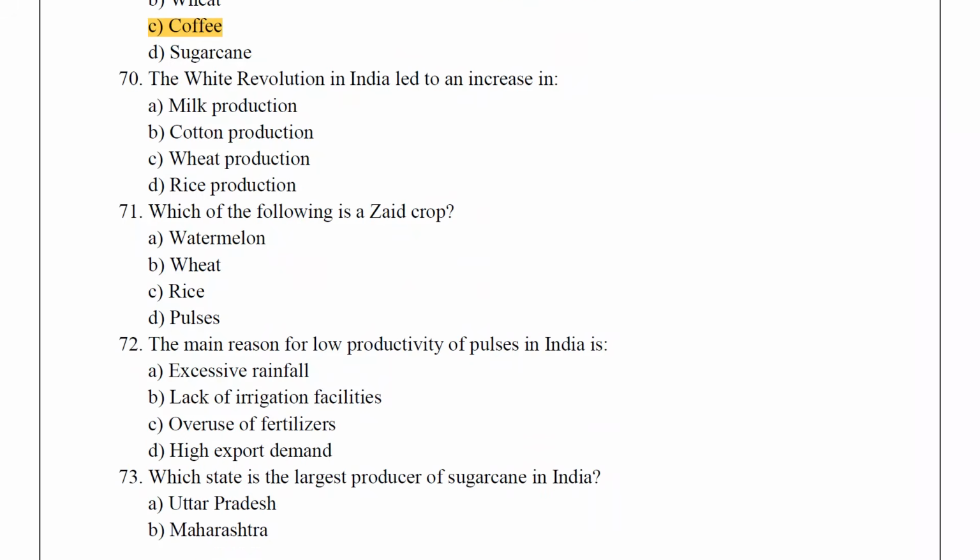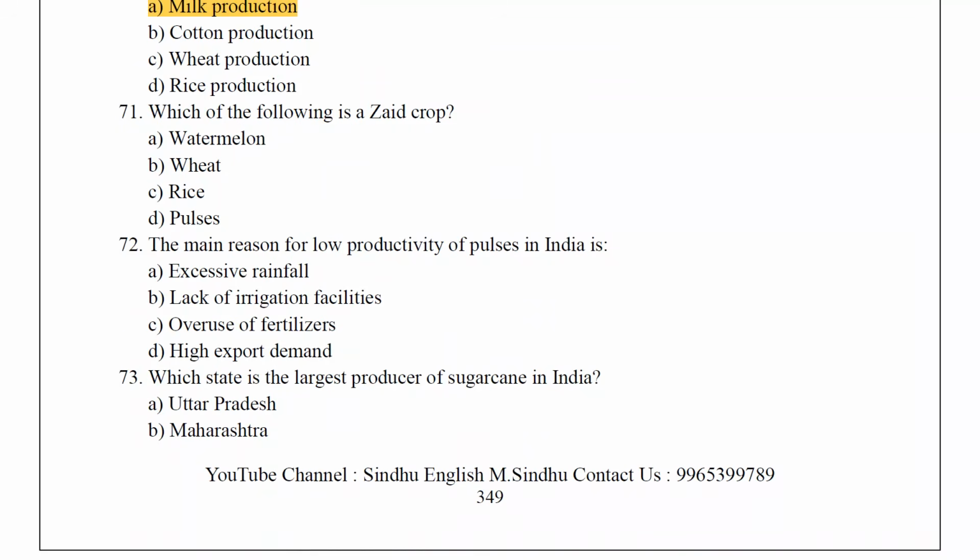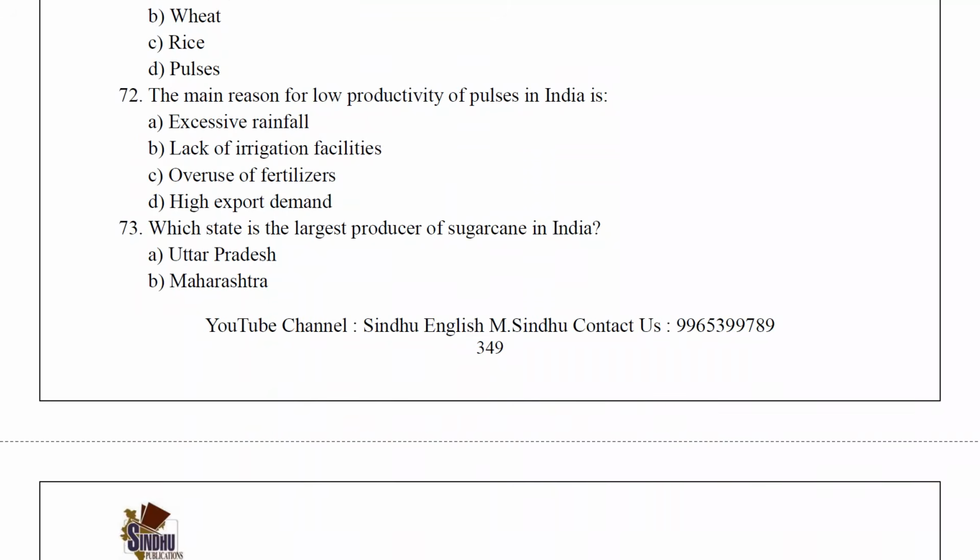The white revolution in India led to an increase in milk production. Which of the following is a shade crop? Watermelon. The main reason for low productivity of pulses in India is lack of irrigation facilities.